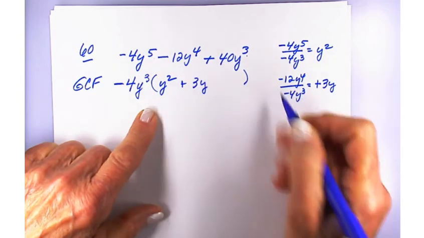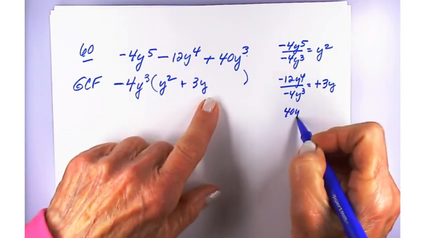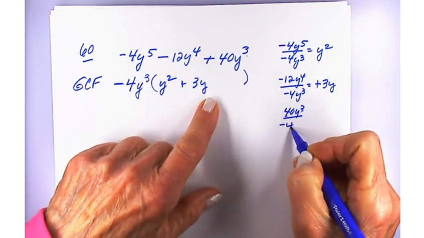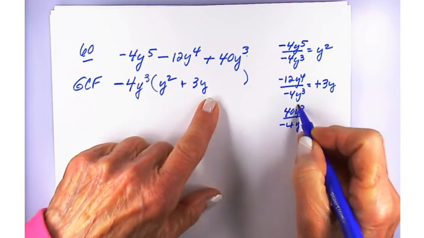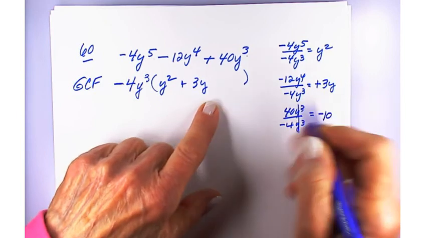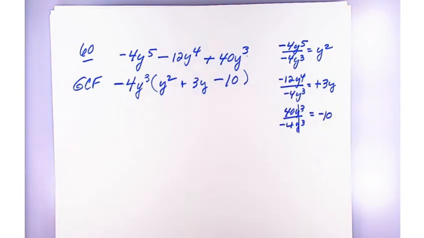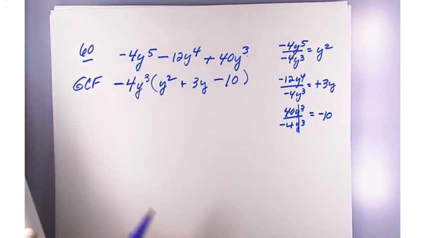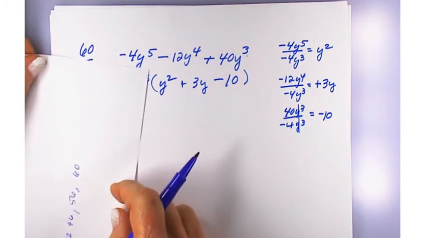And then we have 40y cubed over minus 4y cubed, and we get minus 10. So now we have something that we recognize. We see that we can factor this trinomial right here.